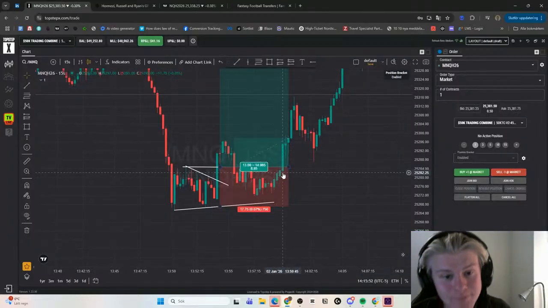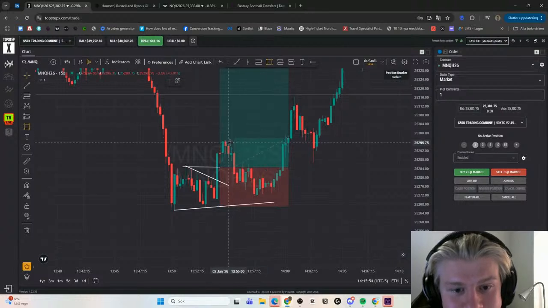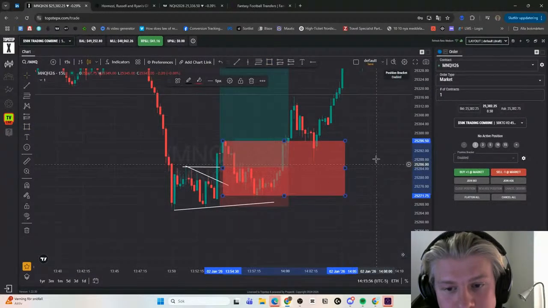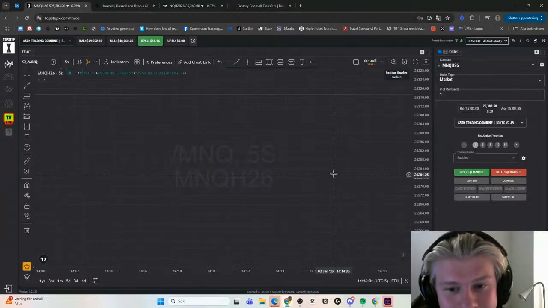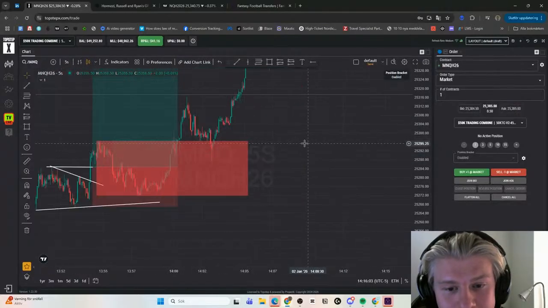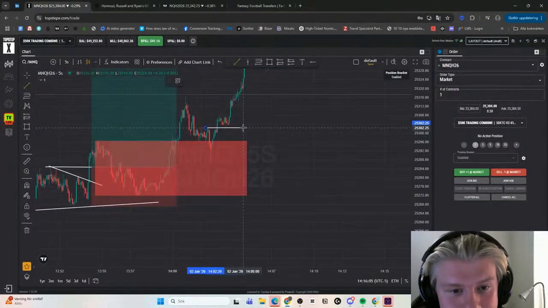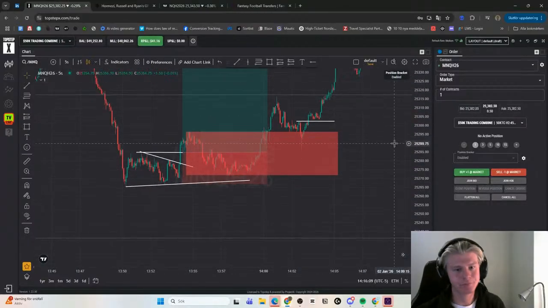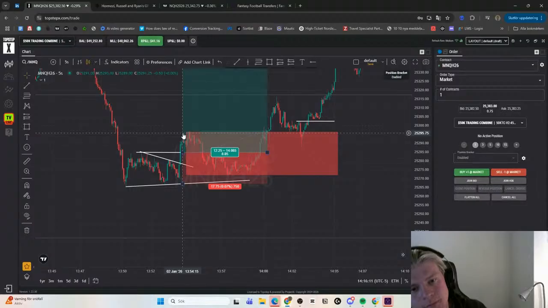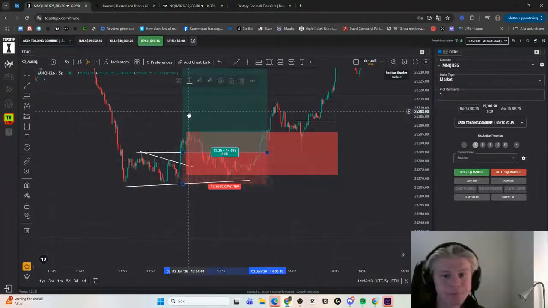And I mean, this could be considered an order block. Is this? It's an ugly, ugly, ugly order block. 5 second. This is like a 5 second order block as well.